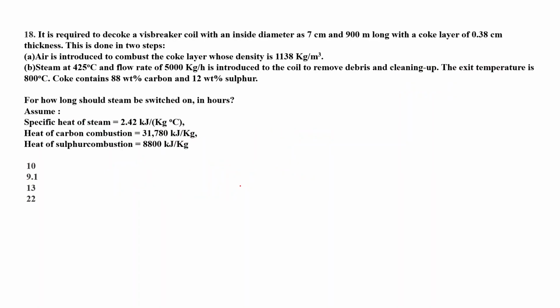So let us come to the next question, which is also the last question for the day. It is required to decoke a breaker coil with an inside diameter of 7 centimeter and 900 meter long.